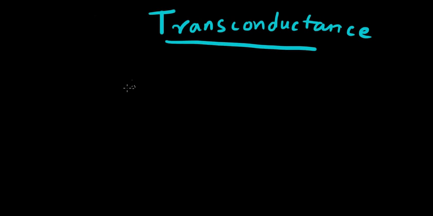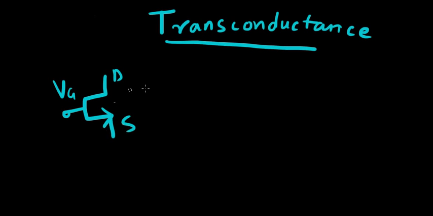When you talk about transconductance, let us first look at a MOSFET. A MOSFET converts whatever gate voltage you apply into an effective current. How?